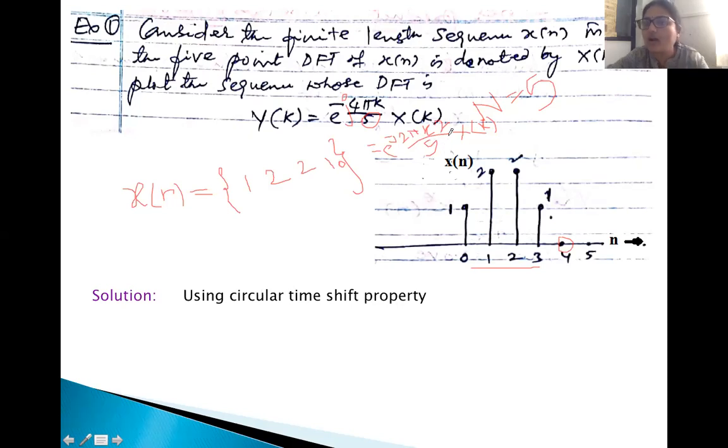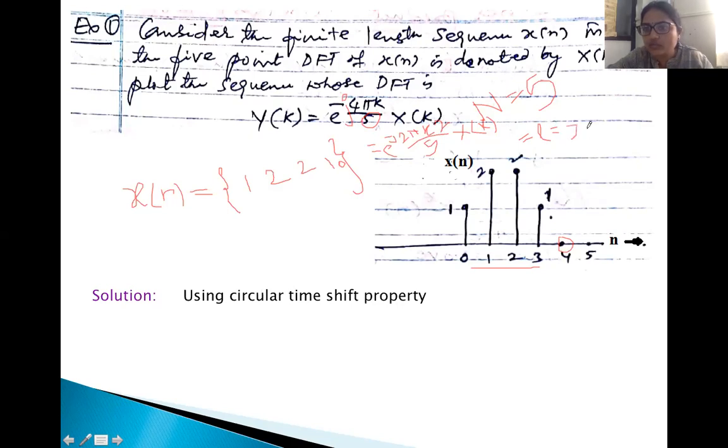How much is the value of l that you have obtained here? The number of units the sequence is shifted is represented by l. Here the value of l is equal to 2, right?